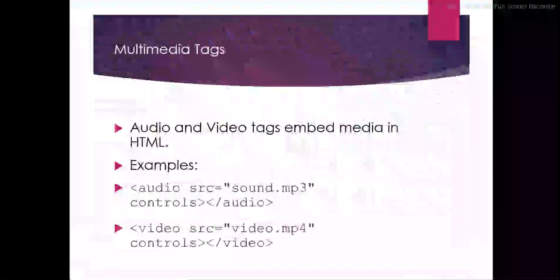There is also an attribute given here, controls. If you want the controls to appear, then you can give this. Let's see without giving that, and see what happens. Closing audio tag. Now I am going to run this file.